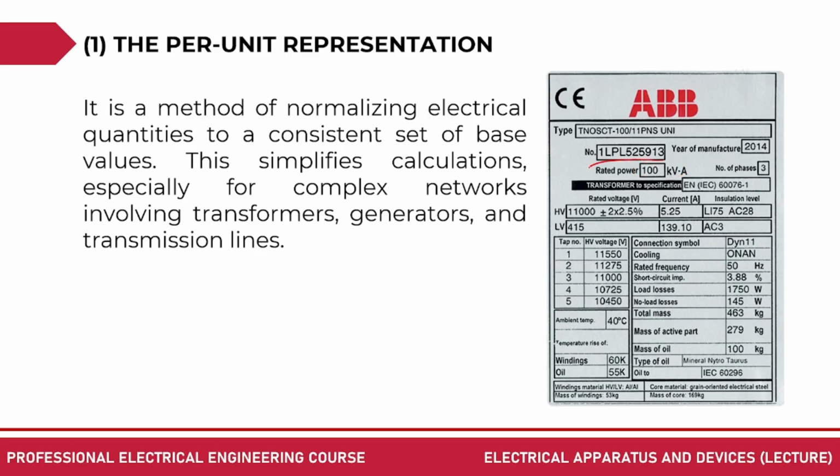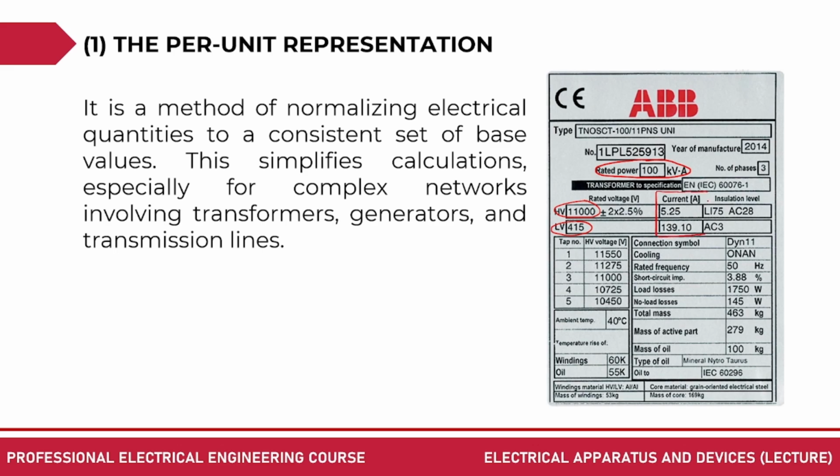There is an indicated rated power here, which is the rated apparent power of 100 kVA, and then there is the high voltage of 11,000 volts and the low voltage of 415 volts. You'll see also the currents, and the plus or minus 2 times 2.5 percent, where it can vary.